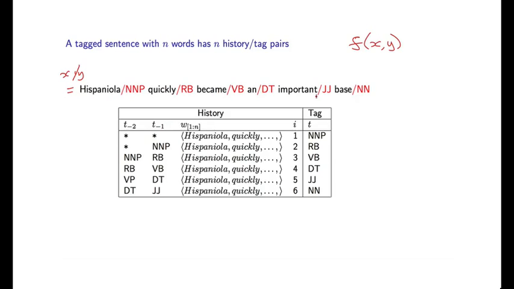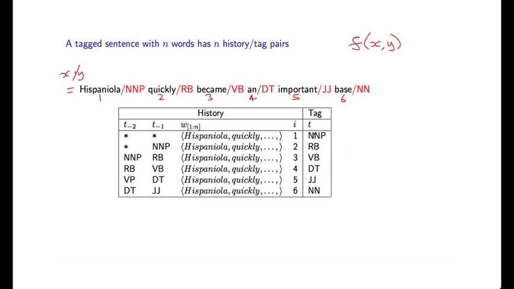If there are n words in that sentence, then there are n history tag pairs within that x y pair. This particular sentence has 1, 2, 3, 4, 5, 6 words. For convenience, I'll just number them. And we have 6 history tag pairs for this particular example.